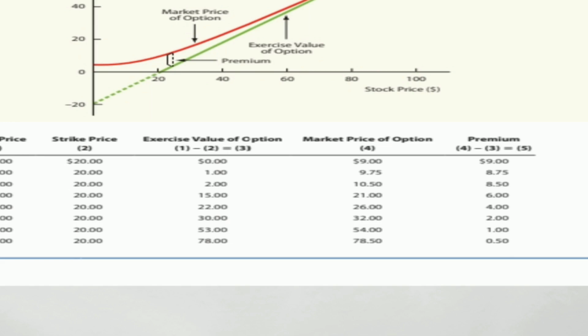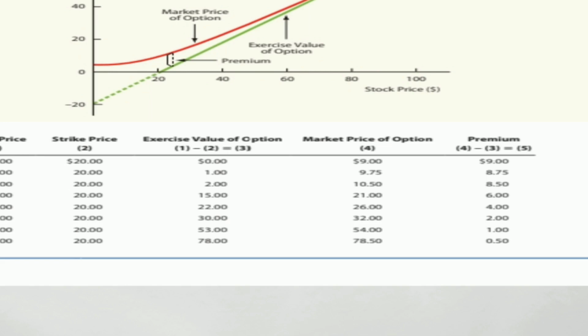But above $20, each $1 increase in the stock price brings with it a $1 increase in the option's exercise value. However, the actual market price of a call option lies above the exercise value at each price of the common stock, although the premium declines as the stock price increases above the strike price.